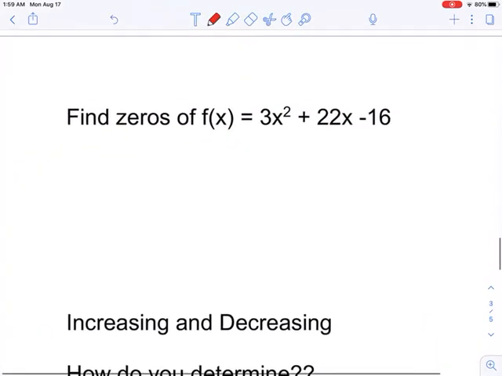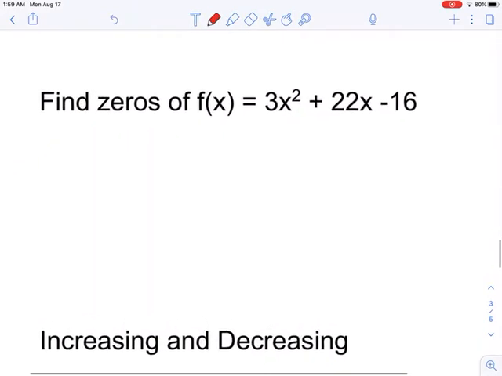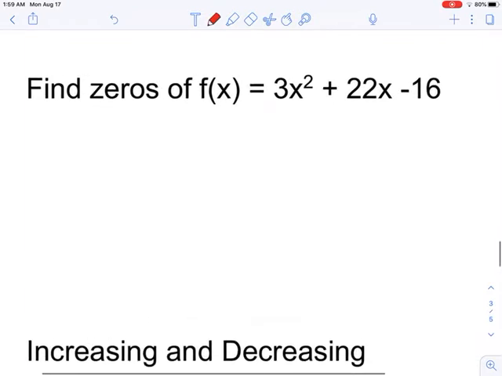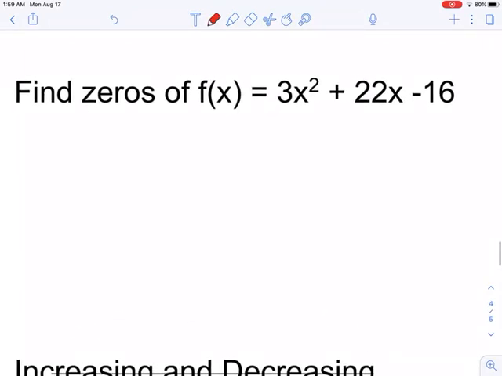So if I ask you to find the zeros of this function, we are going to set the function equal to 0. Go ahead and write down this function, f of x equals 3x squared plus 22x minus 16, and we need to set it equal to 0.